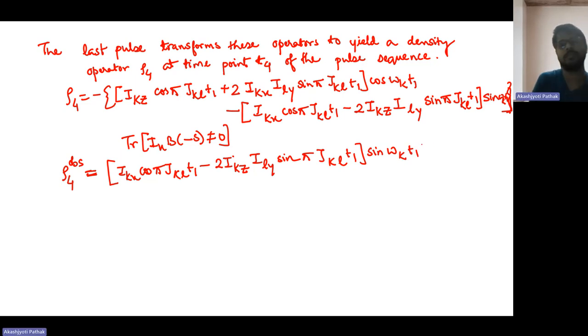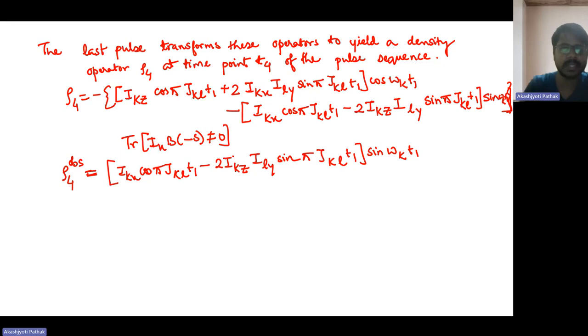Okay, only this part is the observable. The first term in this equation for rho 4 represents the X magnetization of the K spin.